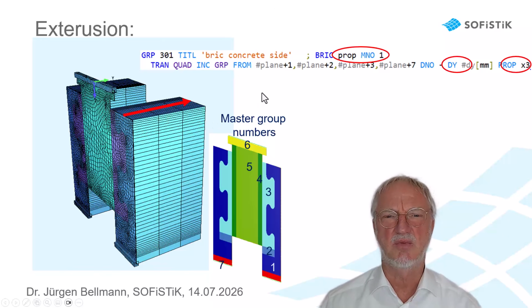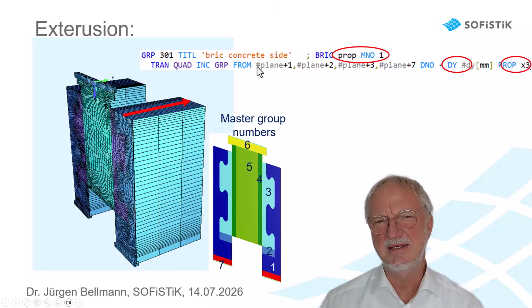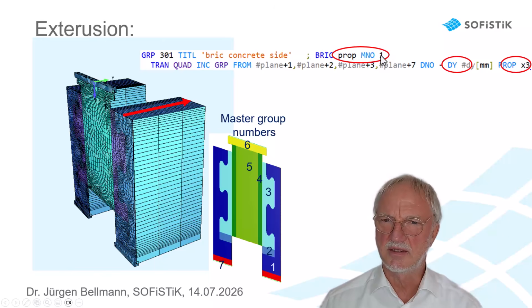And we want to extrude the original master groups number 1, 2, 3 and 7 to brick elements. Here the plane variable is set to 0. The created brick elements shall get the material number 1, that is concrete, and shall land in the group 301.